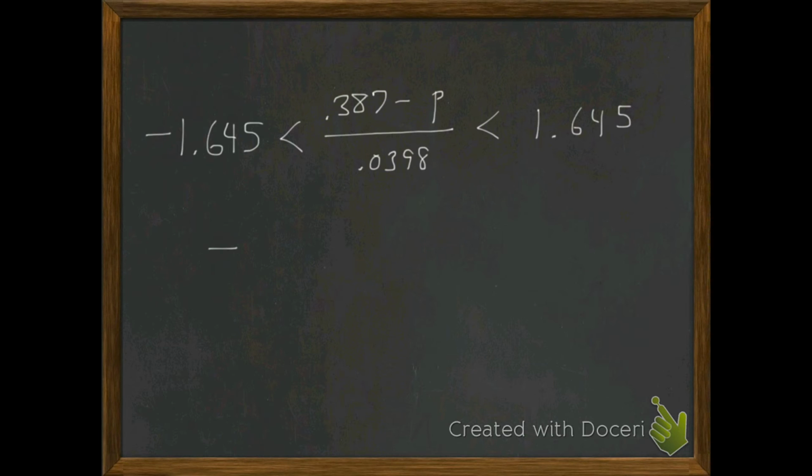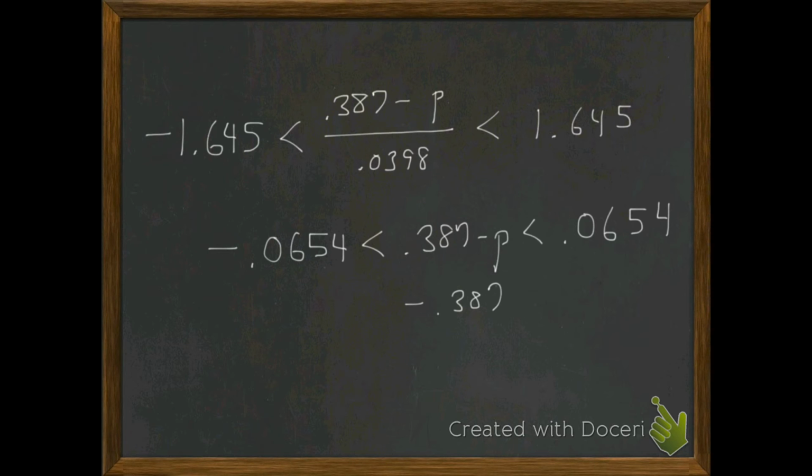So I got negative 0.0654. Alright gang, let's subtract 0.387 from both sides. So I get negative 0.452.